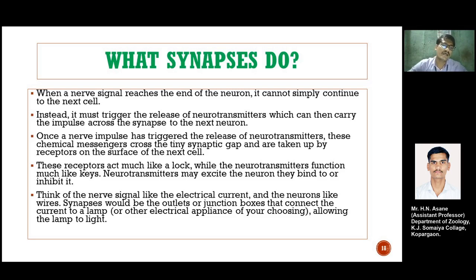As we can see in some examples in our day-to-day life, the nerve signal is like an electric current flowing through a wire. That means the axon, the neuron, is like a wire, and the electric impulse is like an electric current flowing through that wire.